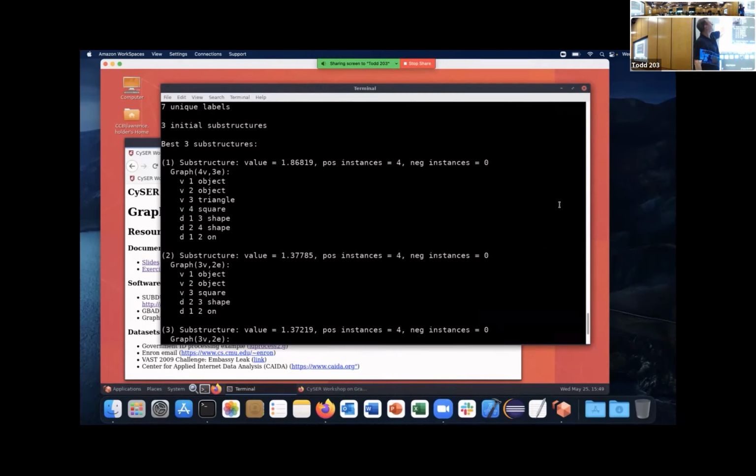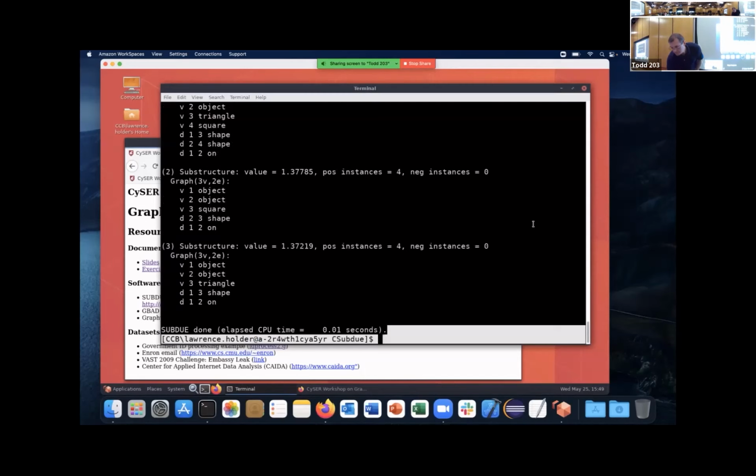And so you see the triangle on the square is the top one. The next two are basically missing one of the shapes. So here it's something on the square. And the next one is just triangle on something. And their values are a little bit less. So that's basically it. You represent your graph in this format. You run subdue on it, and subdue finds these highly compressing patterns.